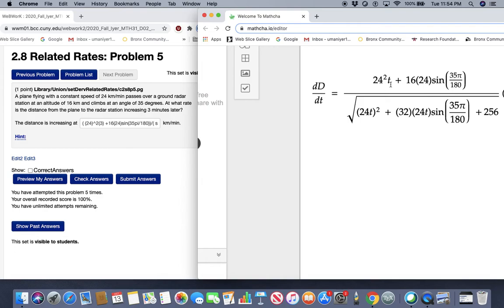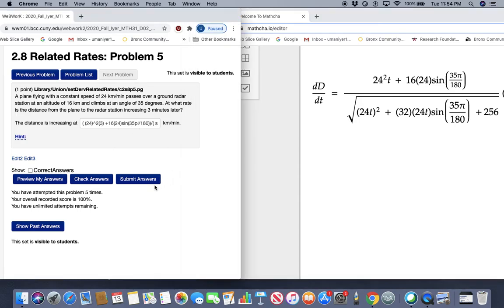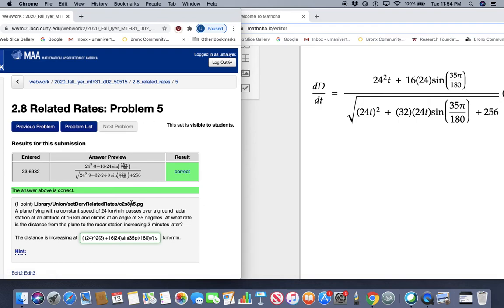So wherever I see t, I'm going to place 3. There are only 3 places, and that's what I have done. I have placed 3 wherever I saw t. And you have the correct answer. Make sure your expression looks like that.